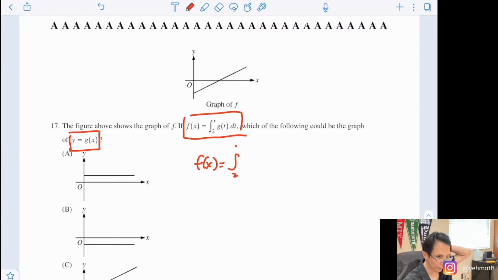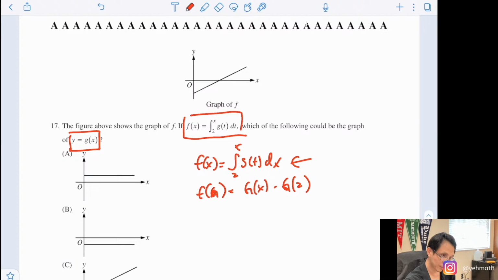Because remember, the fundamental theorem of calculus says what? The first part of calculus says I can integrate this. If I integrate small g, what am I going to get? Big G, right? G of x minus g of 2. Oops, that was not g, that's x. Are we okay here?